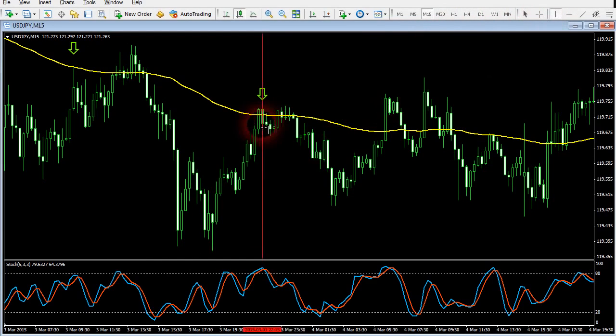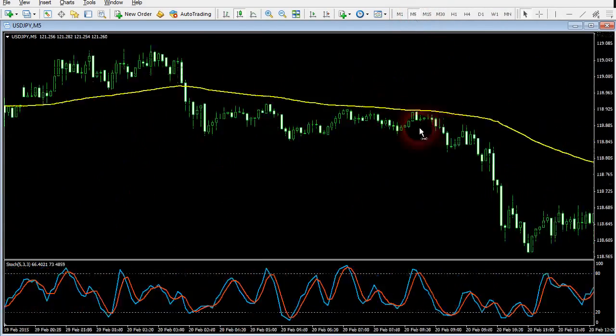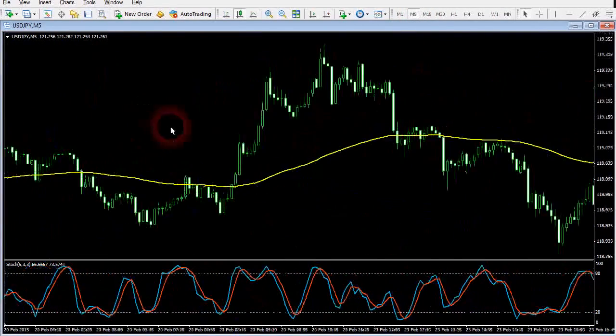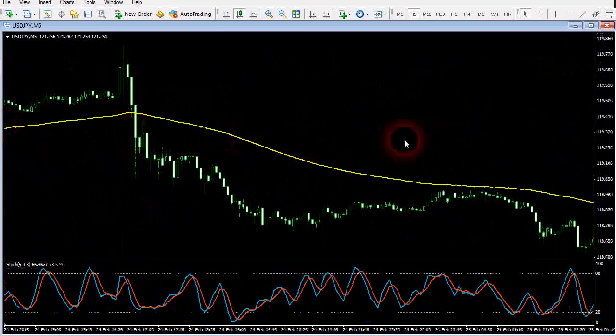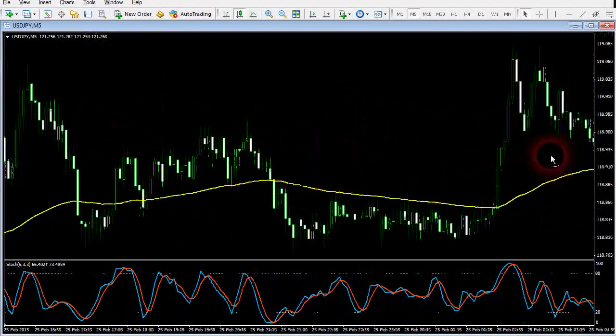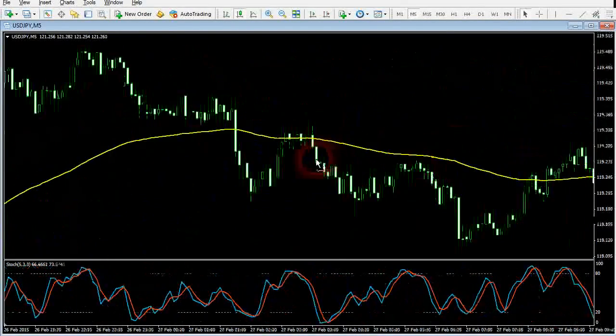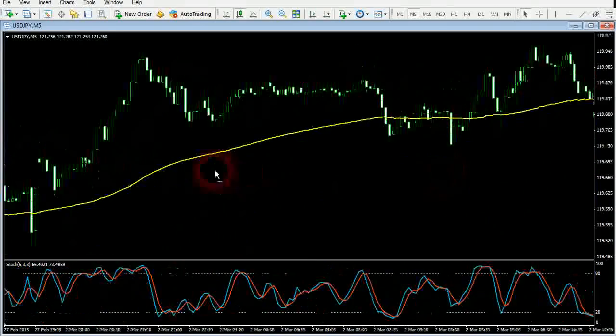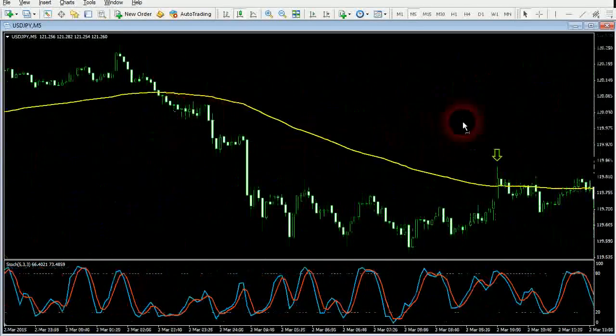So what I mean with scrolling down to a lower time frame, in this case you would go to the M5 and you would locate the position where you would want to enter. It should be around here.